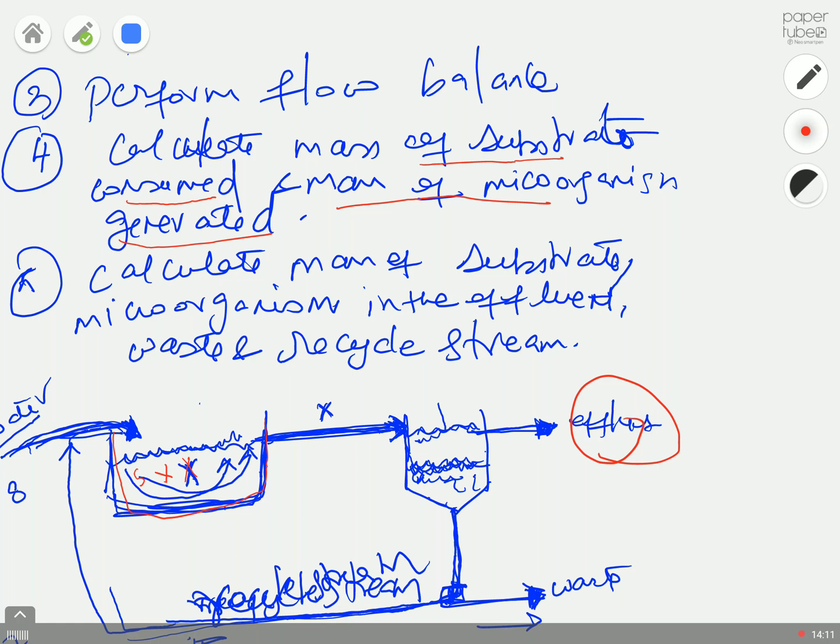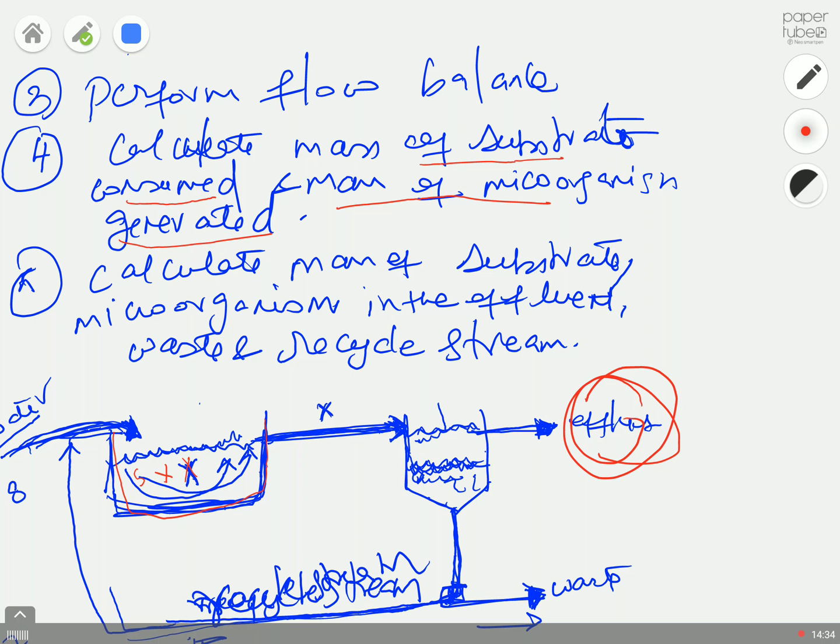How many microorganisms you generate, how much substrate you consume, and then calculate the mass of substrate in the effluent. So what's the concentration of your substrate and microorganisms in the effluent, which is here.